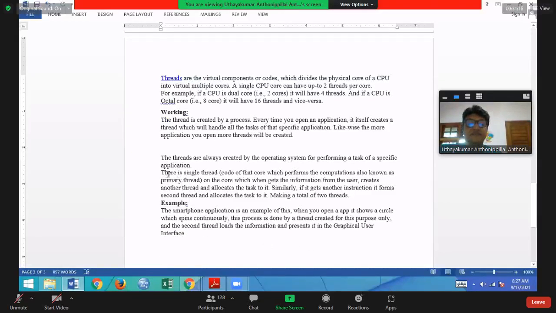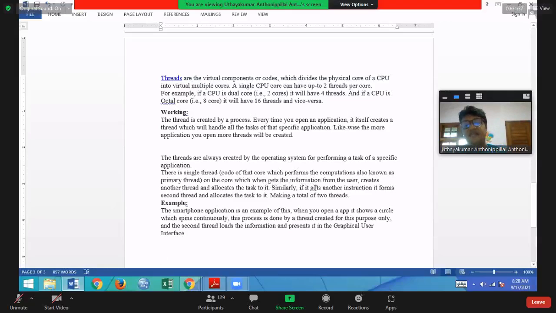Say there's a single thread of that core which performs the computation, also known as the primary thread. On the core, when it gets information from the user, it creates another thread and allocates the task to it.